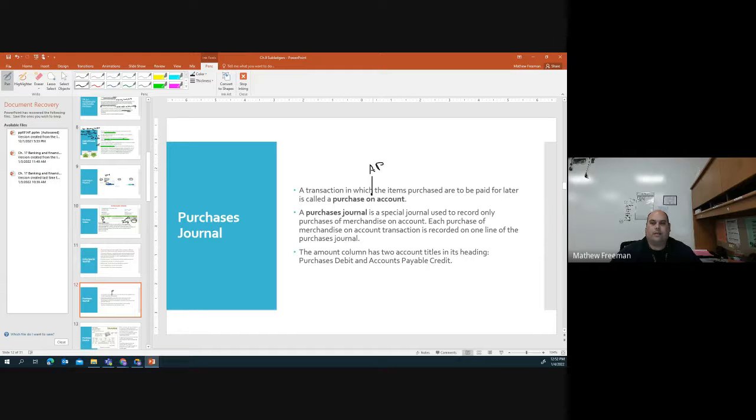Okay, so slightly different. It's per purchases, right? So that are cost of goods. A purchase journal is a special journal used to record only purchases of merchandise on account. Each purchase of merchandise on account transaction is recorded on one line of the purchase journal. The amount column has 2 account titles in its heading: purchases debits and accounts payable credits.